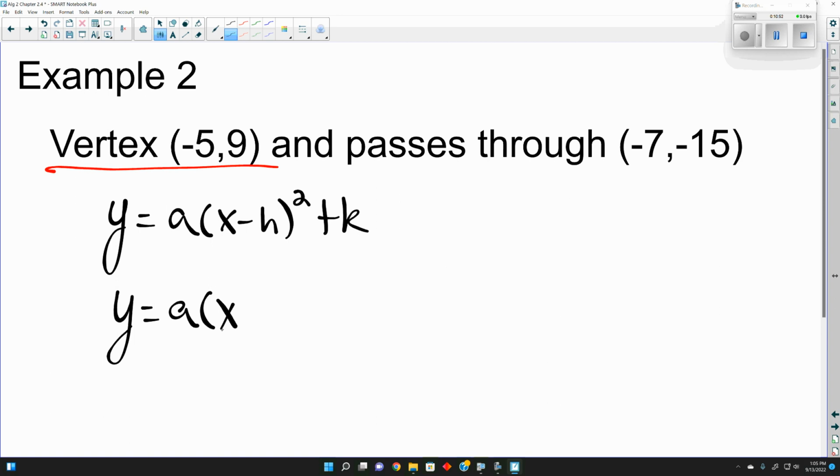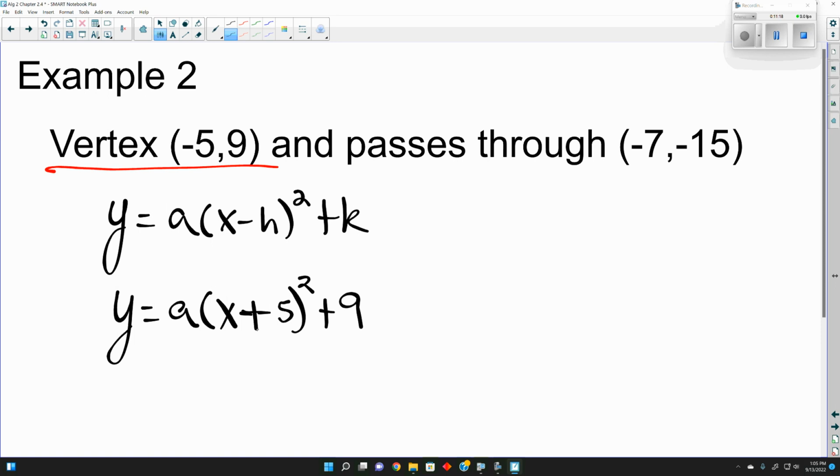H is -5, so we have negative negative 5 plus 9, but the negative and negative would make a positive. So what we have so far is this here. And really I skipped over part 3, saying that H is equal to -5 and K is equal to 9.